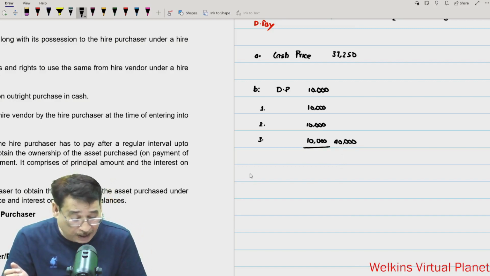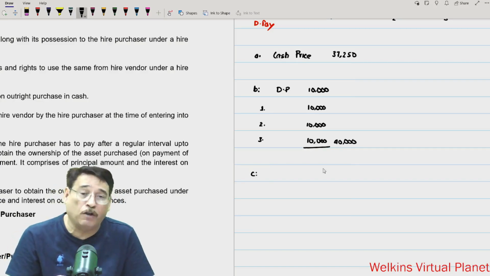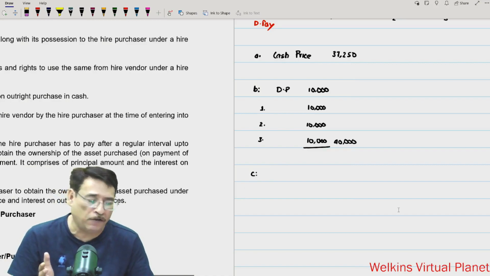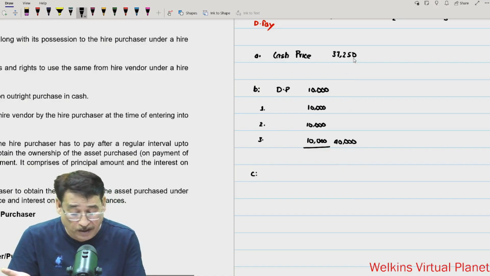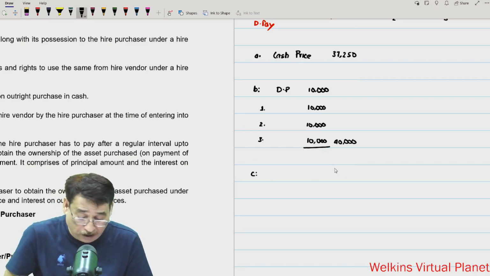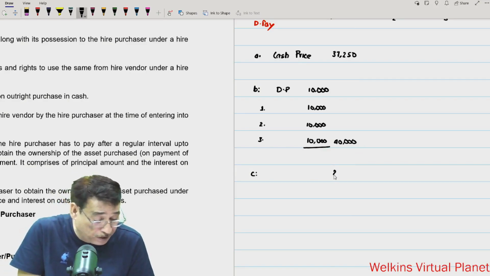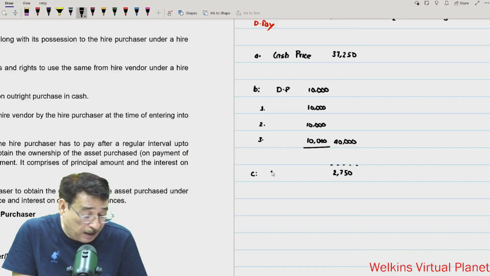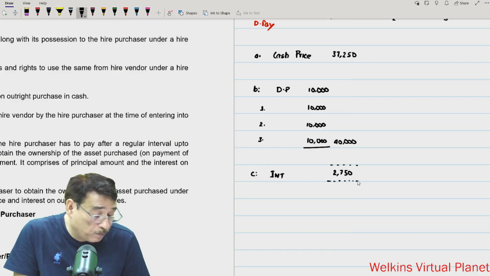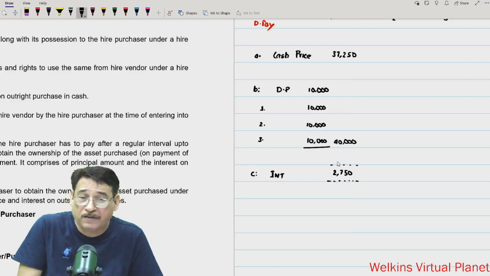Now under the second step, under C, you take the difference of these two amounts. If I take the difference, 40,000 minus 37,250, I think it will be equal to 2,750. This difference is known as interest.